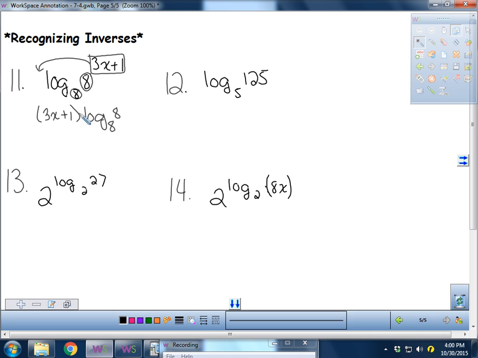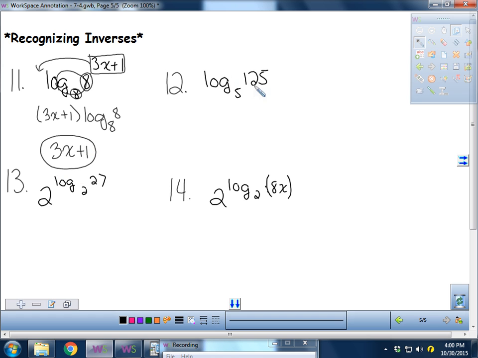Well, if we actually found a value for log base 8 of 8, this would be 8 to what power equals 8. If I plug just this part in my calculator, I get a 1. And 1 times 3x plus 1 is just 3x plus 1. So when you have the same bases, the log and the bases cancel out, and your whole answer is just 3x plus 1. All right?